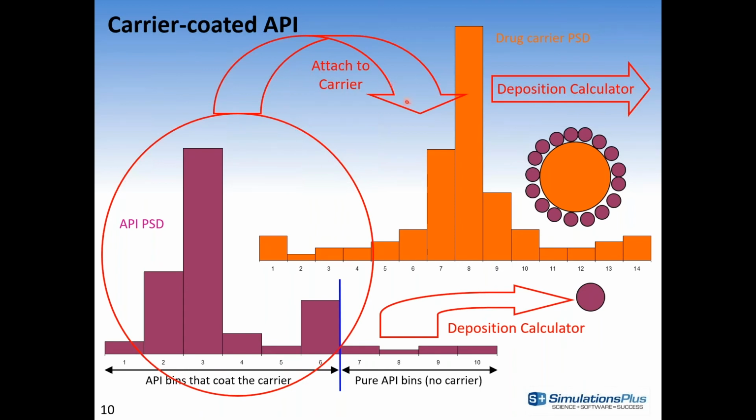And then anything that attaches to the carrier, we'll be using a separate set of equations to help us calculate what percentages of the dose of that material coating the carriers are going to be going into the lung tissue spaces. So we have this flexibility here to mechanistically model deposition fractions when we have carrier particles present.